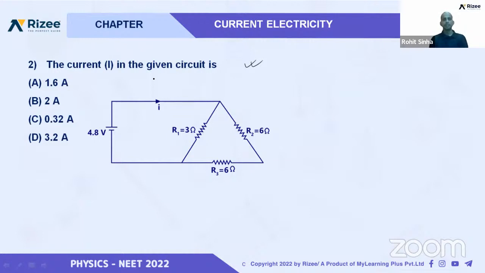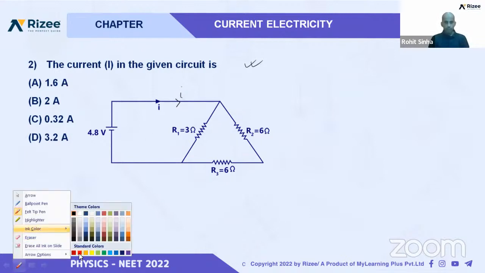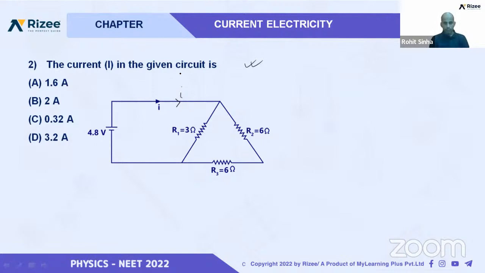Let us see. We have to find the value of this current. If we have to find the value of this current, first of all, what do we have to do? We have to find the resistance. Whenever you get this type of question, you take the current as entering from here and find the equivalent resistance.